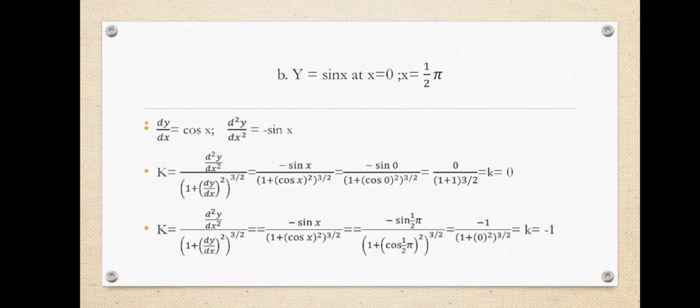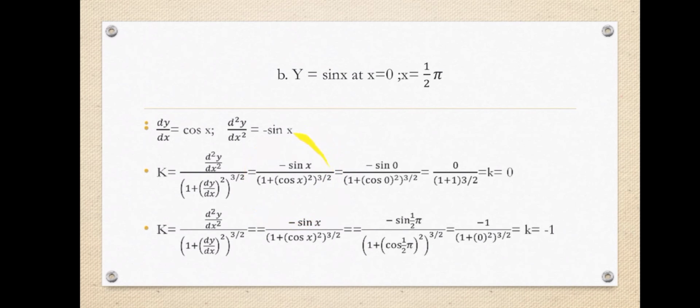So using again the formula, the curvature is equal to the second derivative over the quantity 1 plus dy/dx squared, raised to the power of 3/2. So again, substitute our first and second derivative.